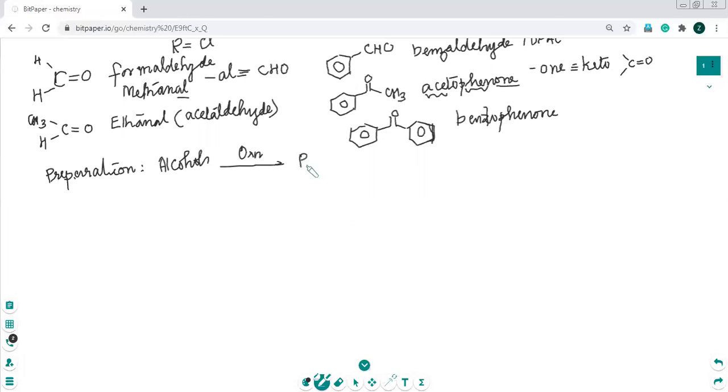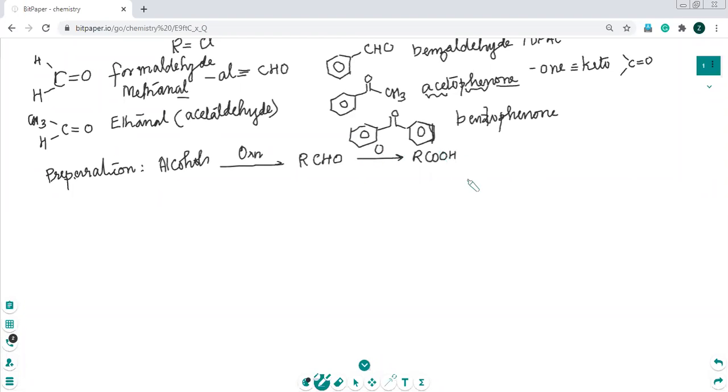That will give you RCHO. But unfortunately, this is very difficult to control. In the sense, this will get further oxidized to carboxylic acid. It is very difficult to stop at the aldehydic stage.